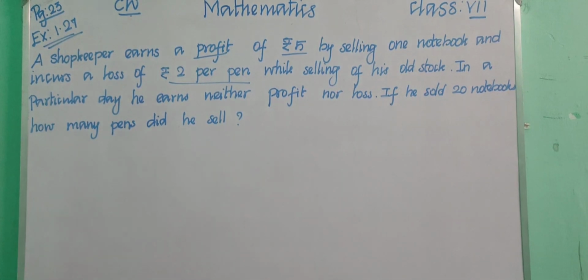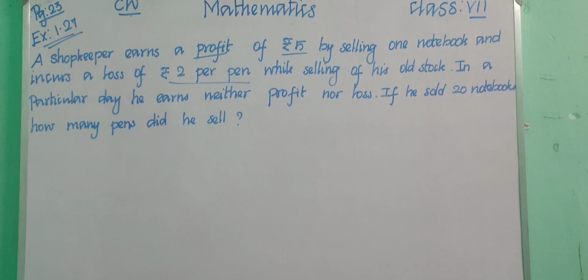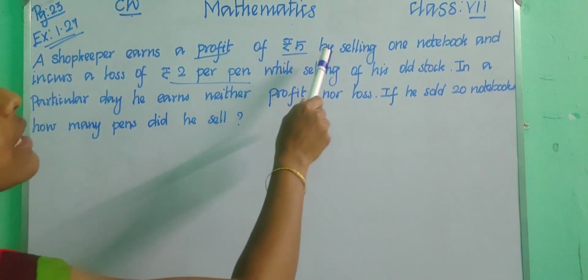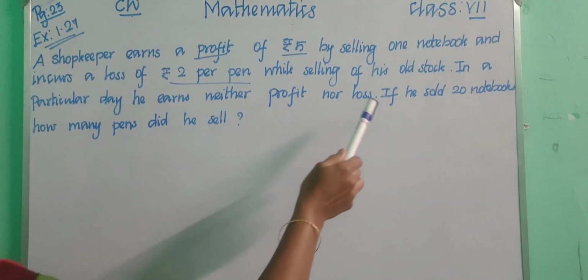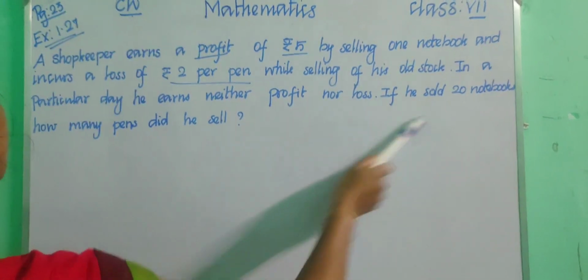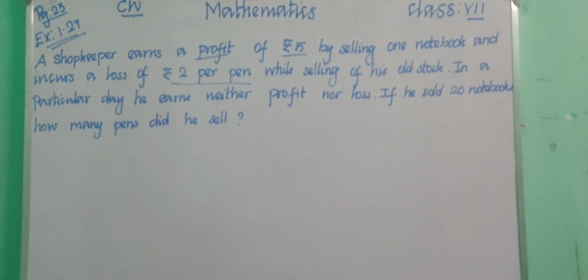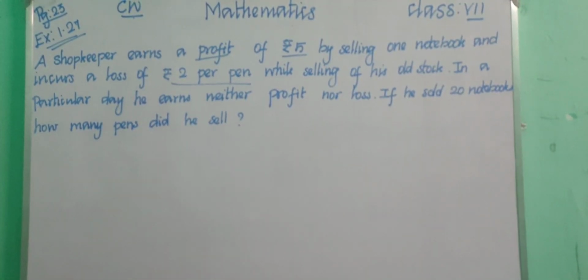If he sold 20 notebooks, for which he got the profit of rupees 5 each, we need to find the number of pens he sold. The number of notebooks he sold is mentioned here. We are going to find the number of pens he sold. So let us write the given.